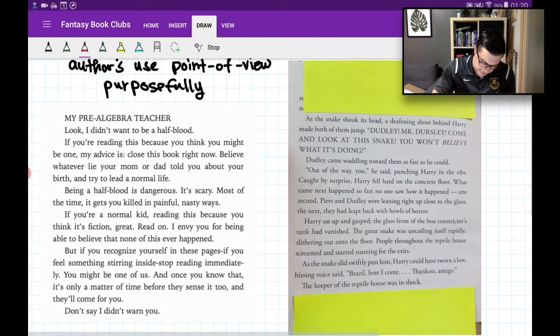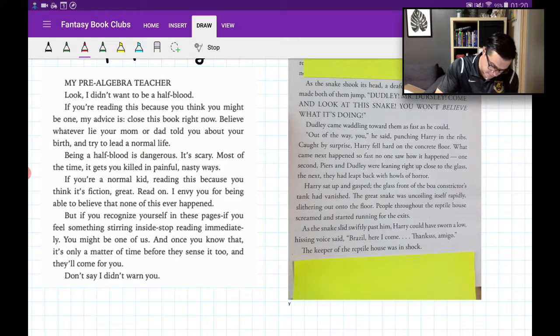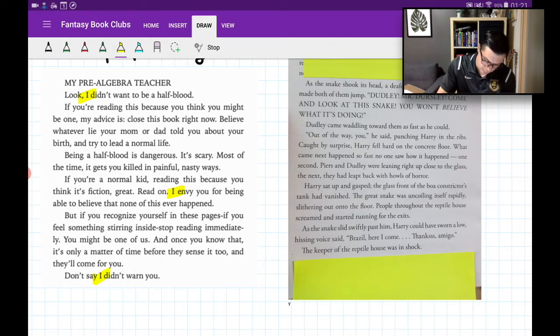So if we look at these two pieces here, on the left, this is an excerpt from Percy Jackson, the Lightning Thief, right in the beginning. So we have things like, "I didn't want to be a half-blood." "I envy you." "I didn't warn you."